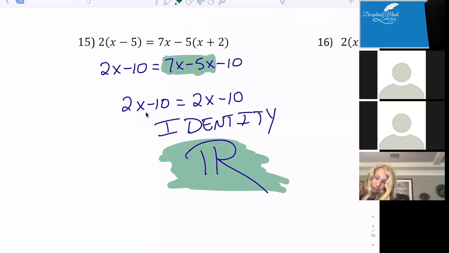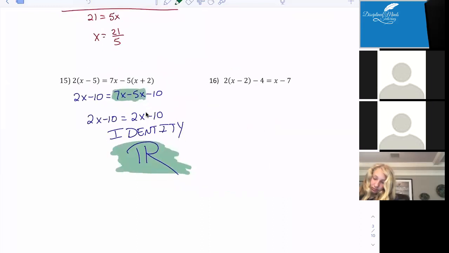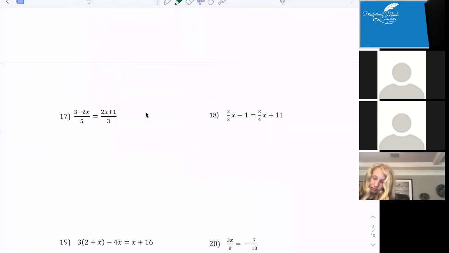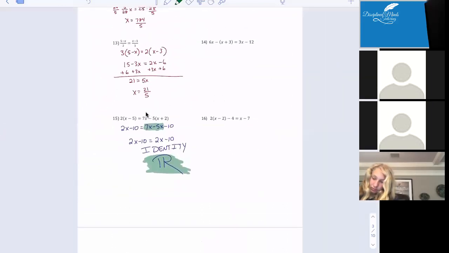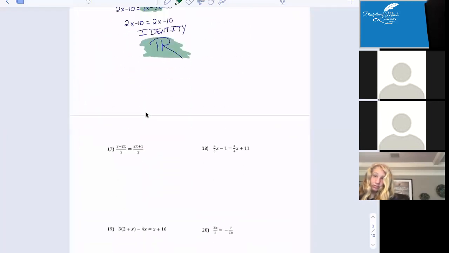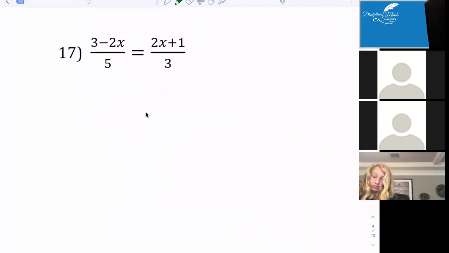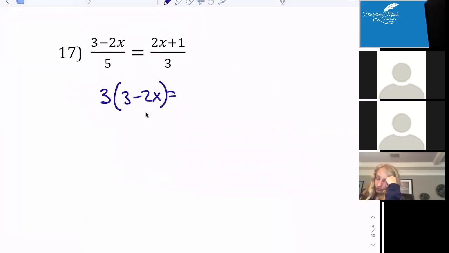17. Wait a minute. Yeah, so obviously 17 is going to be on the test. All right, go. You cross multiply, which would be 3 times 3 minus 2x equals 5 times 2 plus 1.